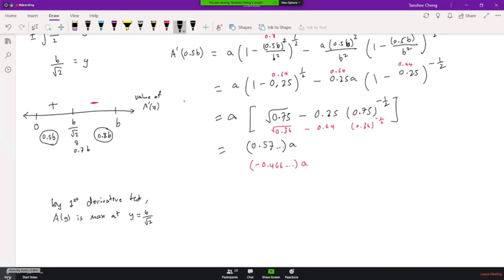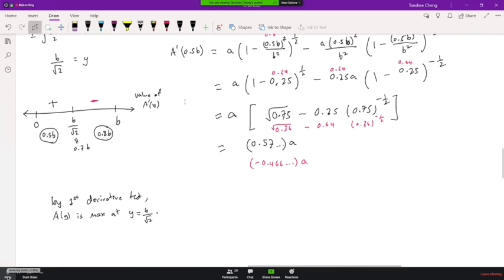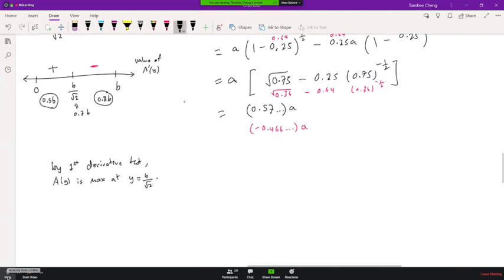B over square root of 2. And what is the question asking for? The question is asking to find the largest area that can be inscribed. So what do we do? We just basically plug it into the formula, right?